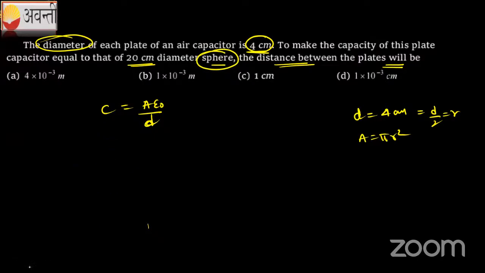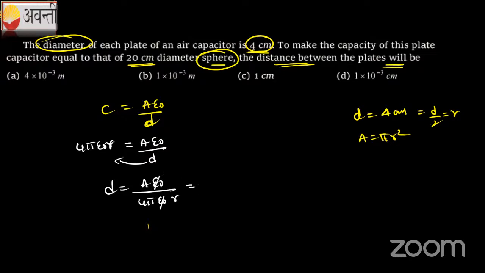Okay, capacitance of the sphere. देन एक बार रिवाइज कर लो, क्या हमको मिला था? 4 पाई एप्सिलॉन नॉट आर. एप्सिलॉन नॉट आर, आर के ऊपर डिपेंड होता है कैपेसिटेंस, बोल दिया था मैंने. करेक्ट ना? दैट वन विल बी इक्वल्स टू हियर, क्या है इधर? ये एप्सिलॉन नॉट डिवाइडेड बाय डी. नाउ वी नीड टू कैलकुलेट द डी. नो, टेक इट टू लेफ्ट हैंड साइड. देन डी वैल्यू विल कम आउट टू बी ये एप्सिलॉन नॉट डिवाइडेड बाय 4 pi epsilon naught into r. Correct now? Epsilon naught cancel, right?